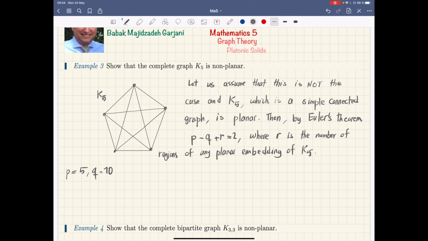If I put these in Euler's formula, then 5 minus 10 plus R is equal to 2. So what do I get for R? R becomes 7.